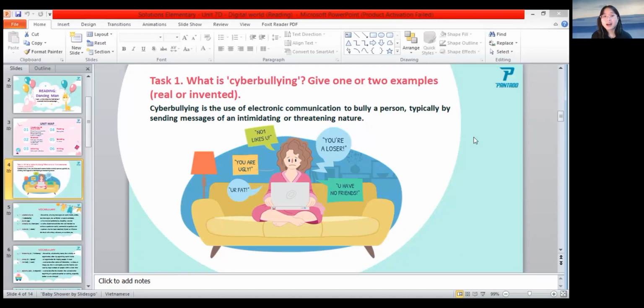Okay, now first we have the definition here. Cyberbullying is the use of electronic communication to bully a person, typically by sending messages of a threatening nature.